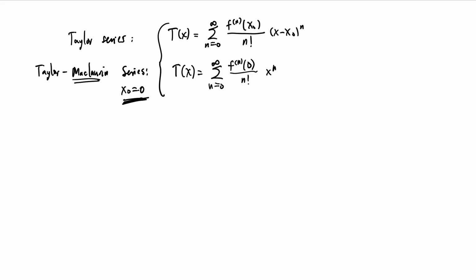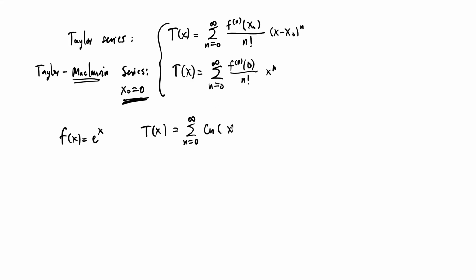Okay, so now that we've reviewed that, in this video we would like to find a formula for the Maclaurin series, or the Taylor-Maclaurin series, of the function f of x equals e to the x. So we want to find the Maclaurin series. That means that we need to work out a formula for the nth derivative. We will know the series if we know the coefficients.